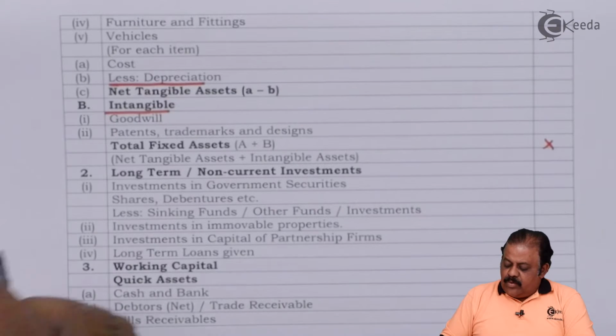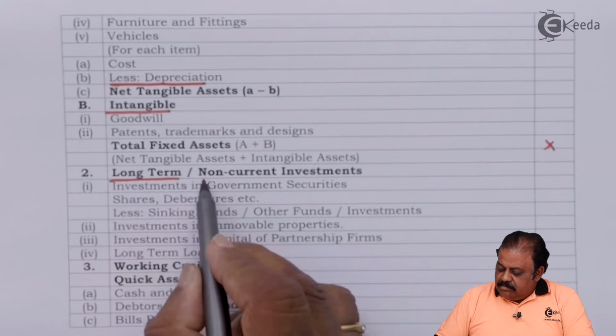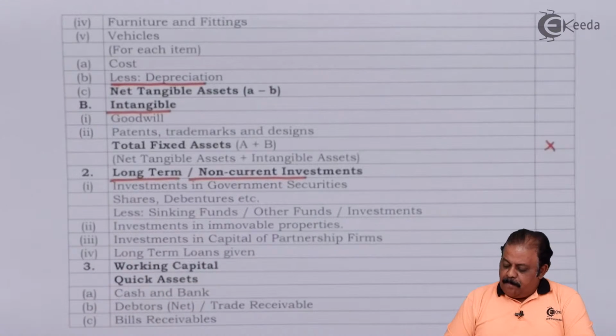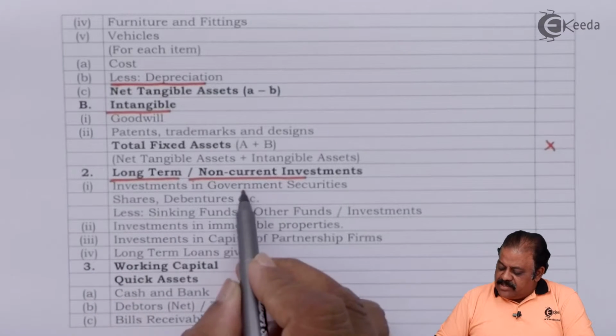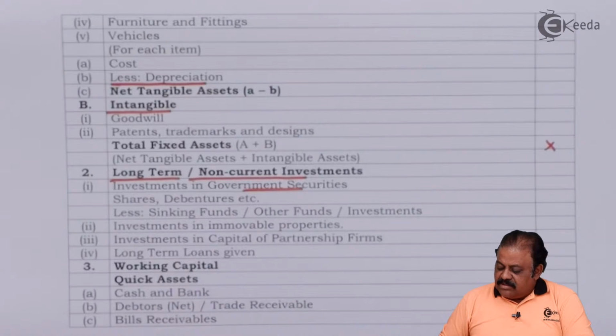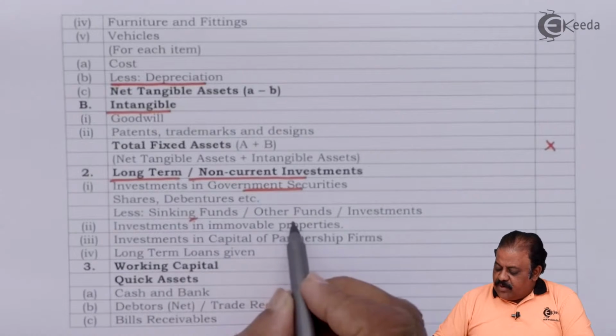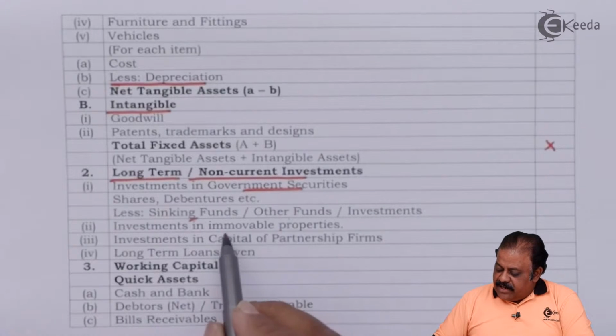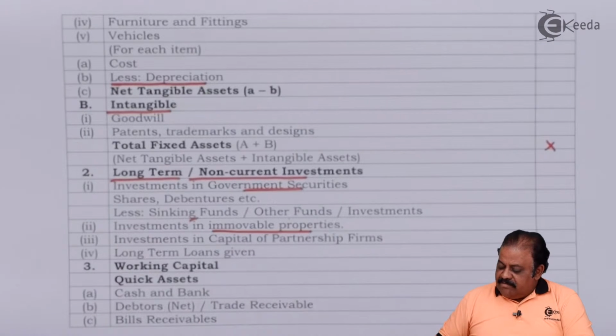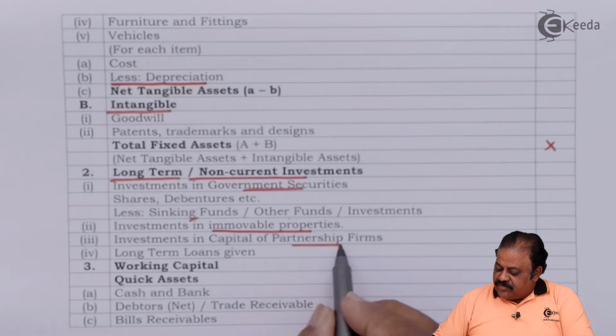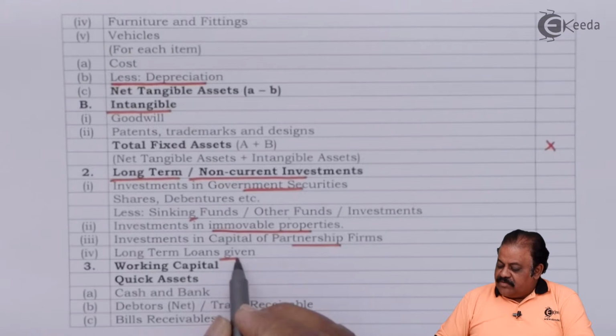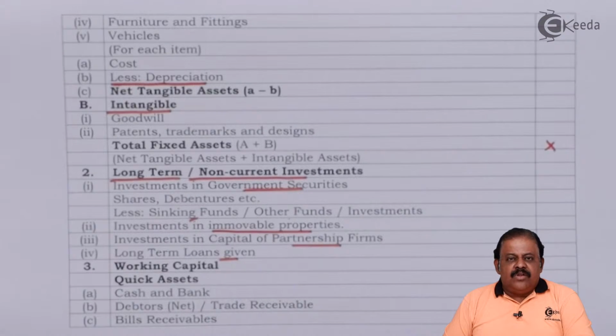To this we are required to add long-term investments. That may be investment in government securities, shares, debentures, less any sinking fund for such investments, investment in immovable properties, investment in capital of partnership firms, and long-term loans given, which will be part of long-term investments.